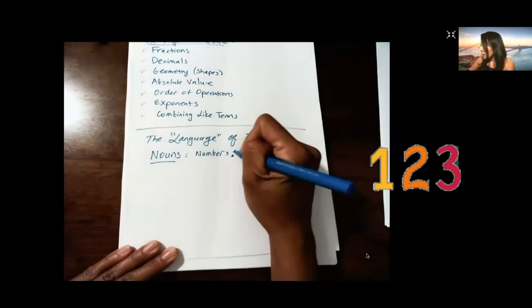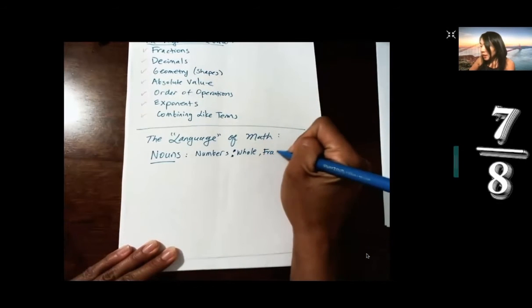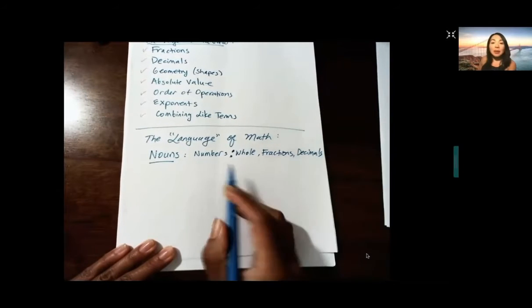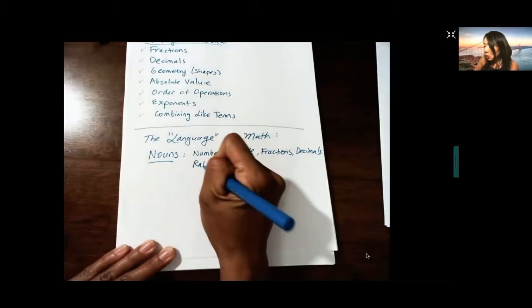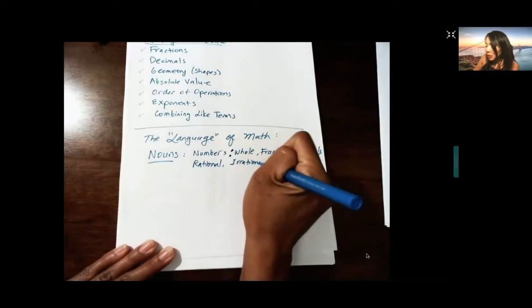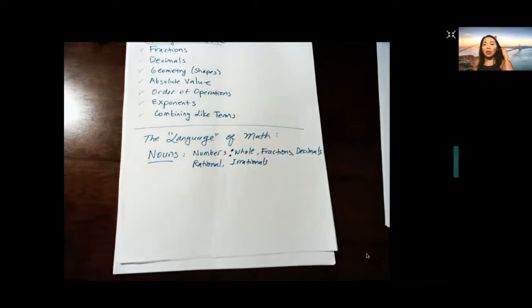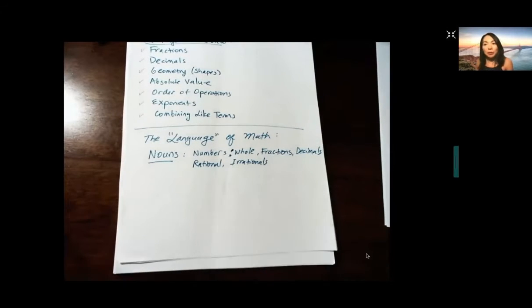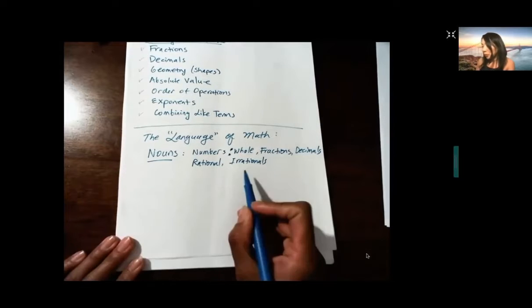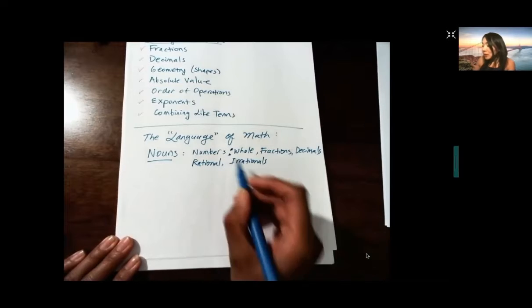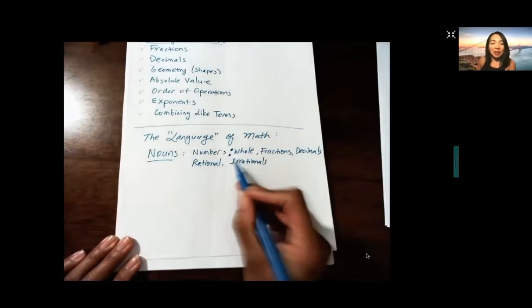They could be fractions, they could be decimals. We call some of these numbers rational numbers or irrational numbers. Rational numbers are numbers that are very concrete, that you can measure, like the number 7 or 9 or 11. Irrationals are like the number pi, 3.14, and it keeps on going forever. Decimals are anything with a decimal point in them. So numbers come in all shapes and forms.